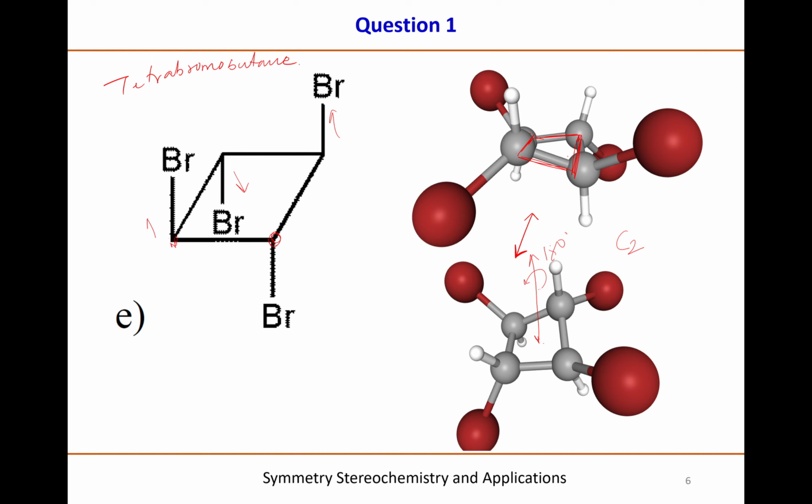Then we have to find out the principal axis or any other axis which is perpendicular to this C2 axis. Is any other axis present? Yes, if we pass the axis through here, this side, and do the C2 rotation, this will come to this side, right?